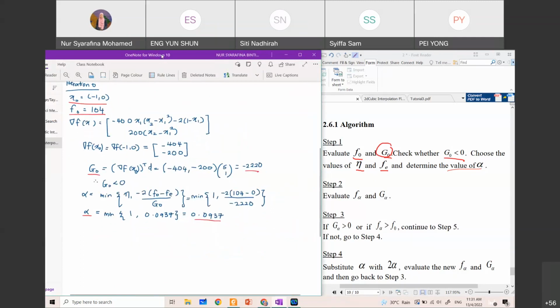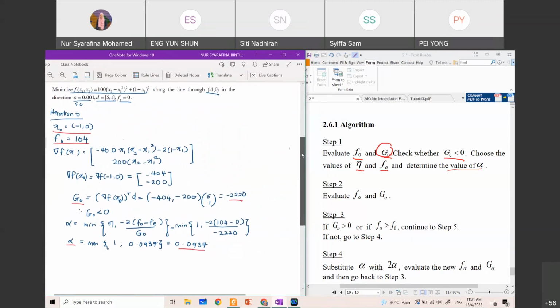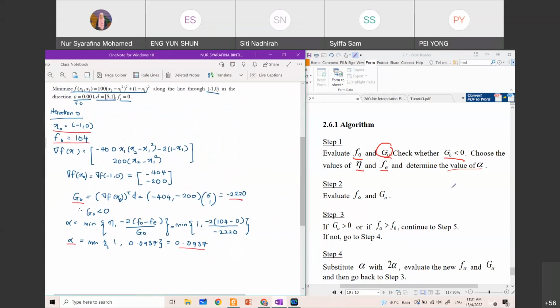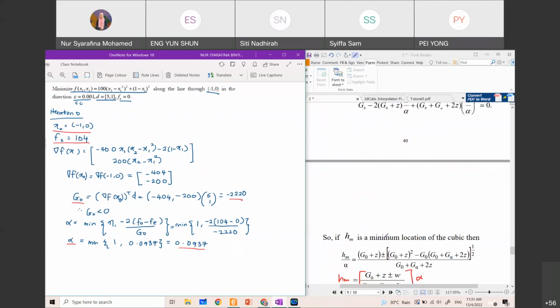All right, clear or not, everyone? So now, what is f alpha and g alpha? Let's take a look at the note.